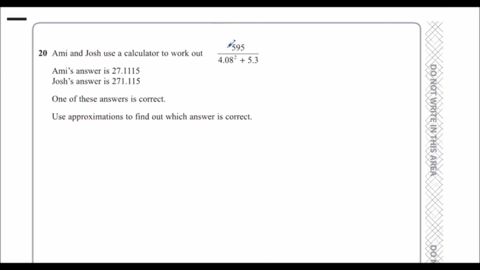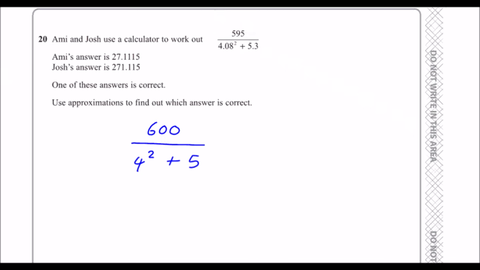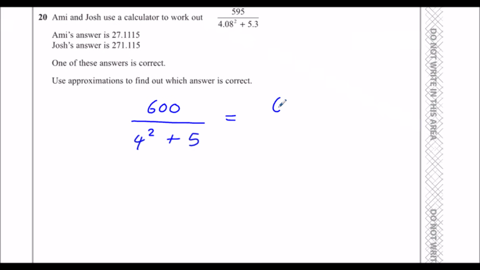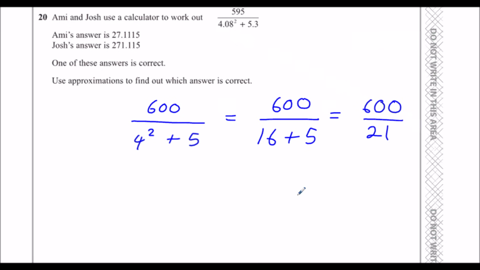So approximately, if we estimate this, we're going to say it's 600 divided by 4 squared plus 5. So 600, 4 squared is 16, plus 5, which is 600 over 21.